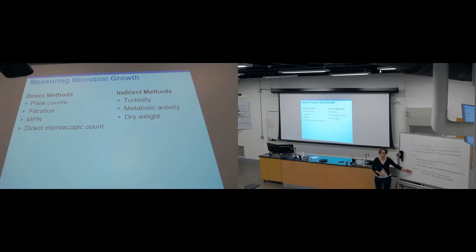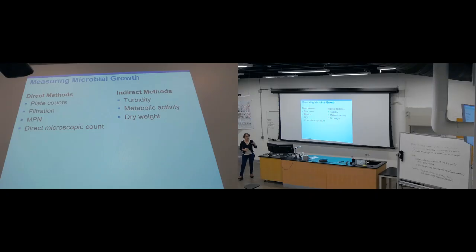The limitation is that it's not an exact count, but it is good enough, with a 95% confidence interval, so it is important to do it in certain cases. And it requires a longer incubation time, like 24 to 48 hours, so you don't miss any bacteria that might be growing in your sample.